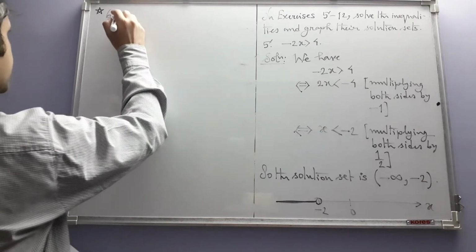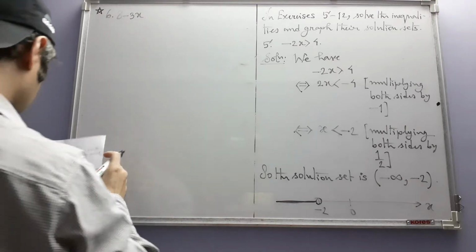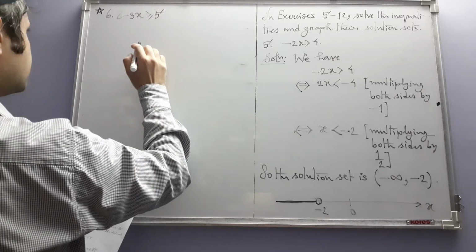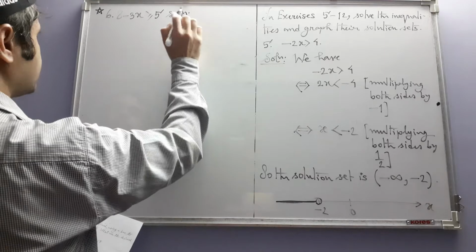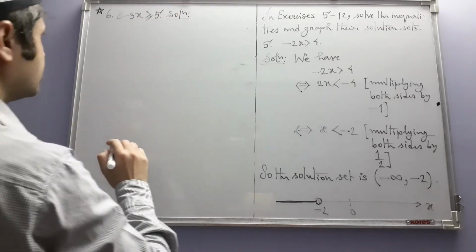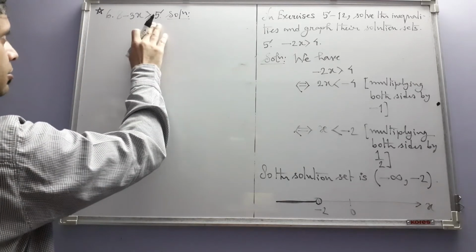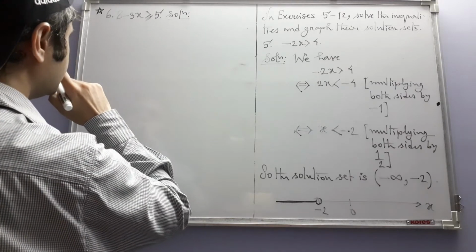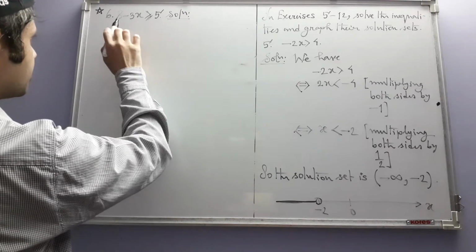Okay, then this one is 8 minus 3x greater than or equal to 5. So here I am just going to write it in an extremely short manner. You can do whatever you are required to do here, and you will ultimately see, if you subtract 5 from both sides, you will have 3.